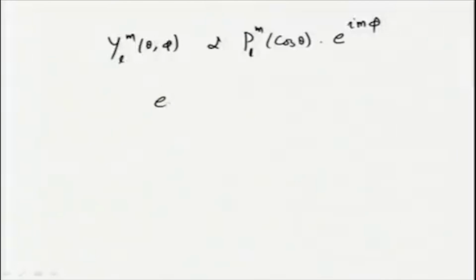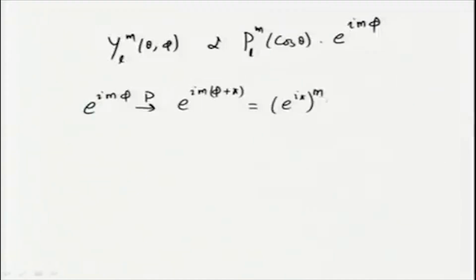The azimuthal angle under parity goes to pi plus phi, and e power i m phi will go to e power i m (phi plus pi), which is equal to e power i pi m times e power i m phi, which is equal to minus 1 power m times e power i m phi.